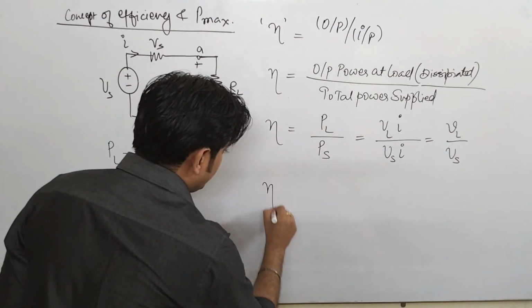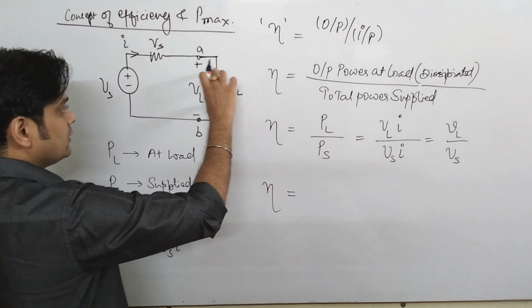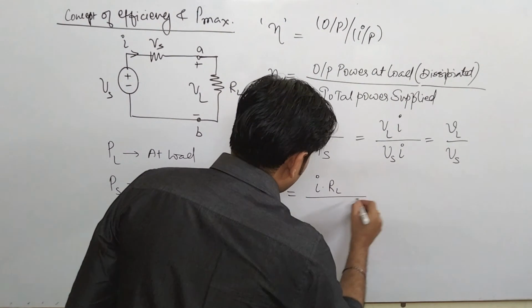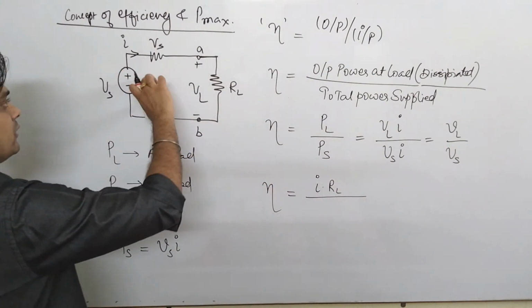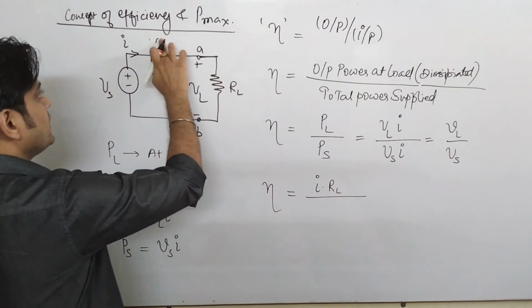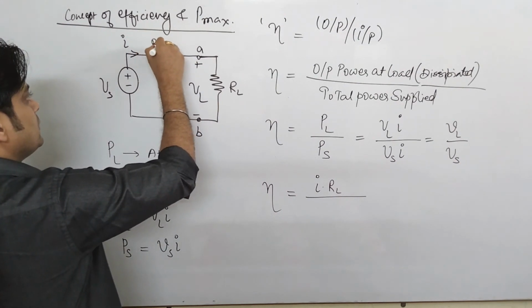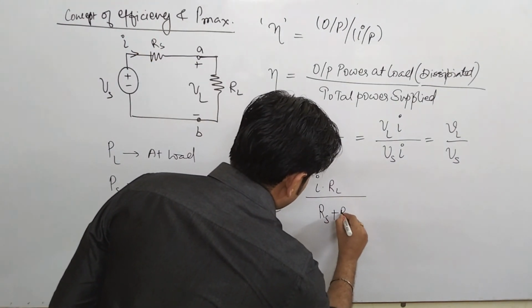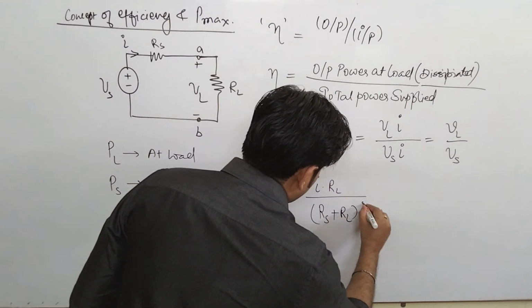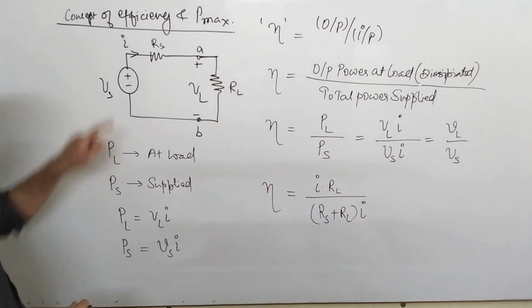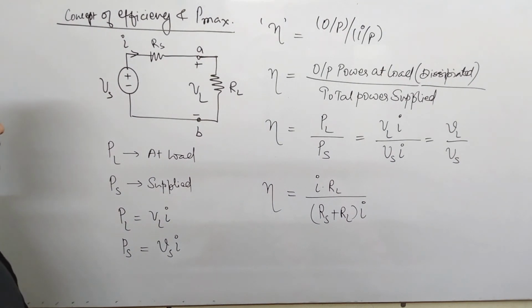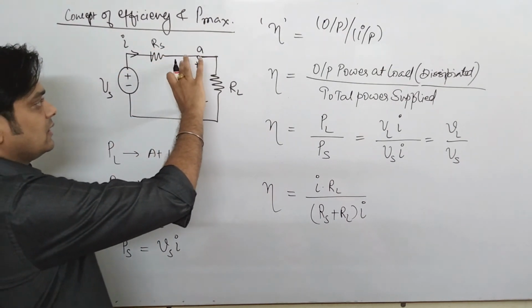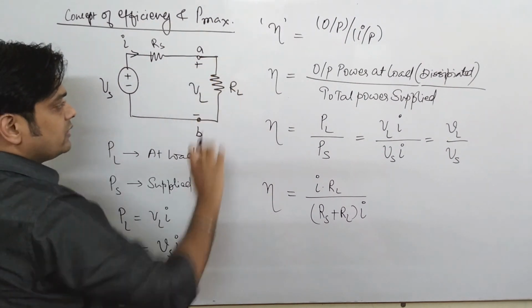Now if you talk about VL and VS, VL is I into RL, and VS is the total, so it is RS plus RL into I. Just write it here: this is the source voltage VS, this is the source resistance RS, and across the terminal AB some load is connected.